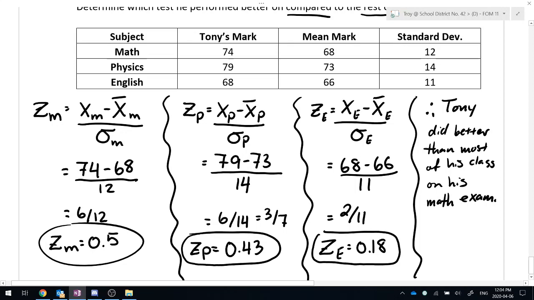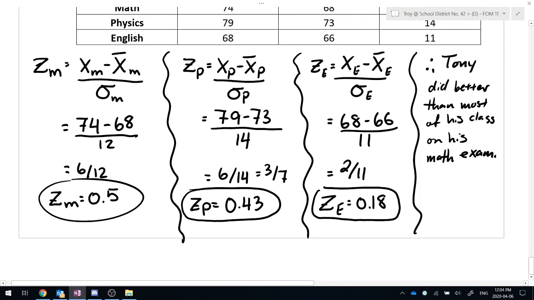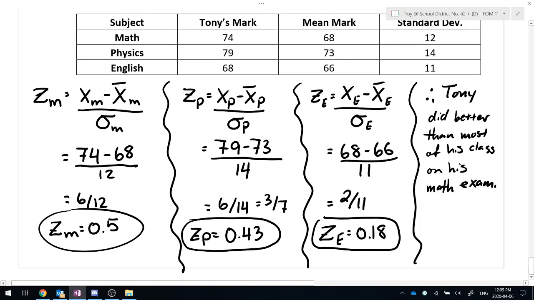Because although he got a higher absolute mark on his physics exam, a 79, because the class average was higher, that actually didn't work out to be the course where he did better than most of his classmates. He did better than most of his classmates on the math exam. Okay, so that's one way we can use z-scores in real life.